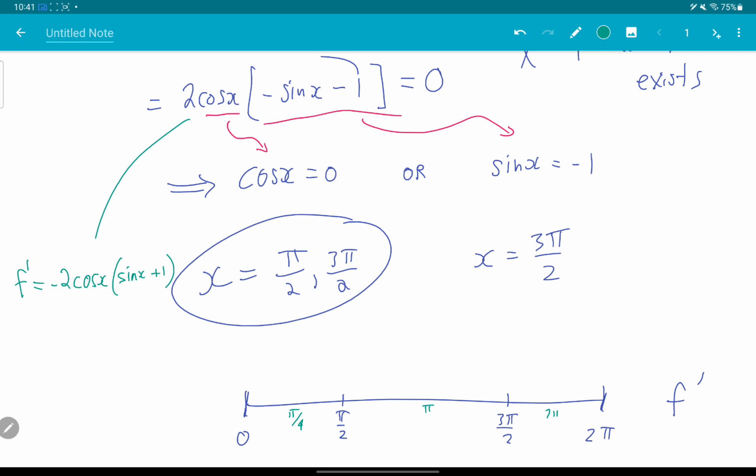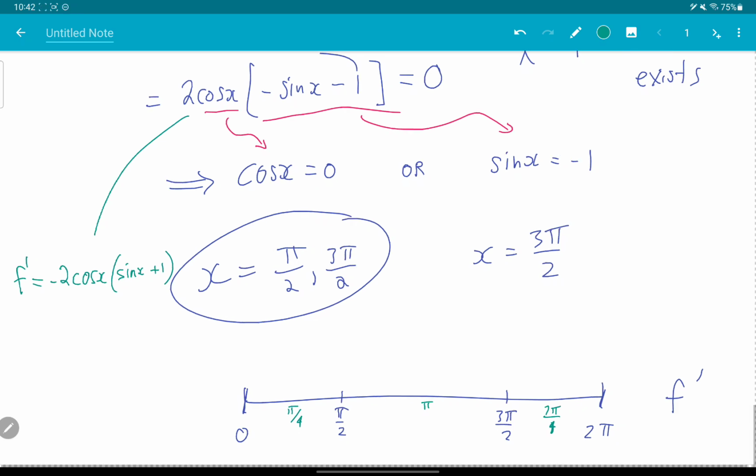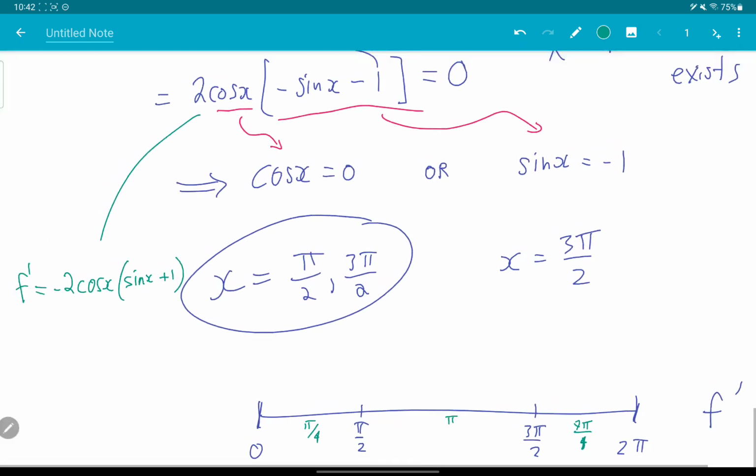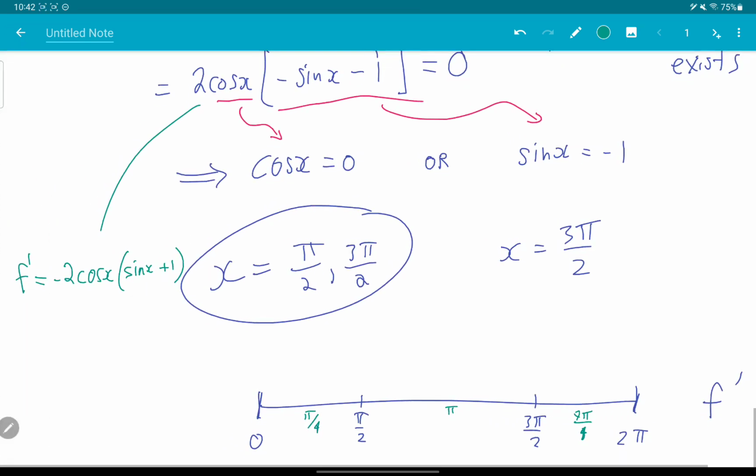I do 7 pi over 4. So I'm really testing my unit circle here. So that's a 7 down there. Okay, so I'm going to do these green test points. I'm going to plug them in here to see what I get.